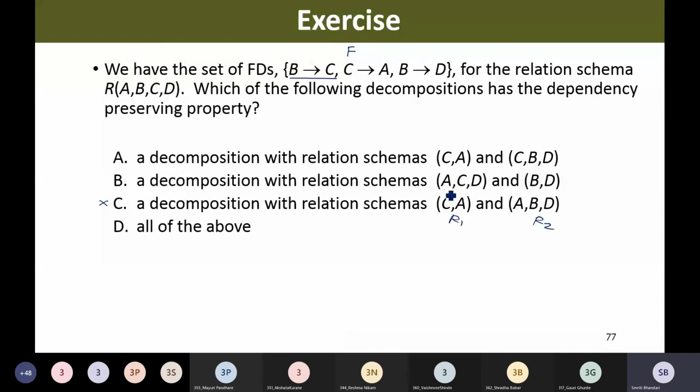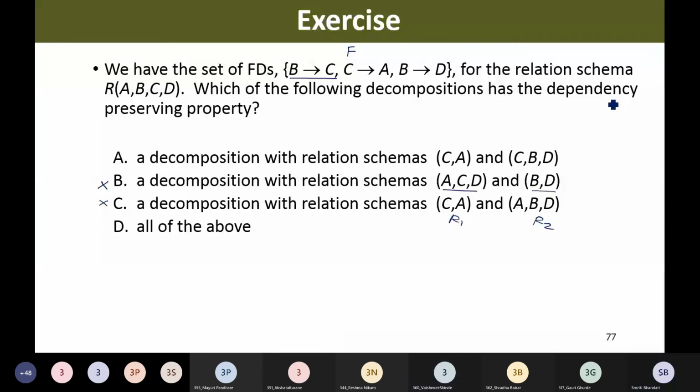Once again, see here, ACD and BD. If I want to test B to C, I need to compute a join. Correct? So that may not be the answer. What about this A? Yes, I think that's the right answer.